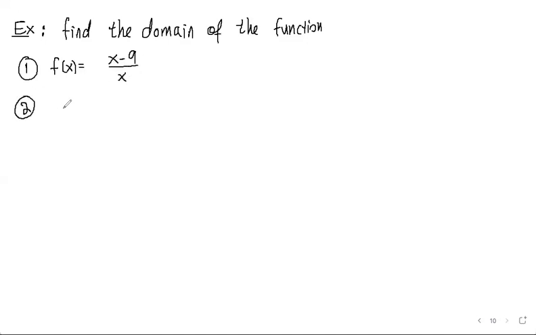Second one is g of x equals the square root of x minus 18. Third, h of x equals x squared minus 3x. Again, the domain is only the possible input.